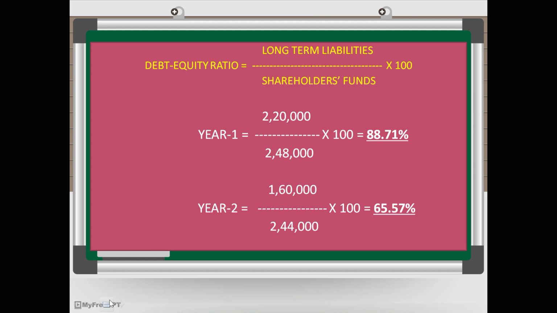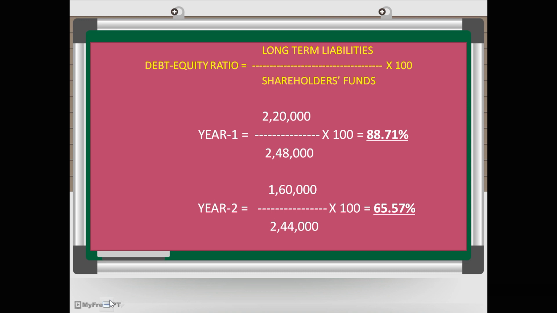See, for the first year, 2,20,000 upon shareholders funds, 2,48,000 into 100, and thereby the ratio is determined at 88.71%.